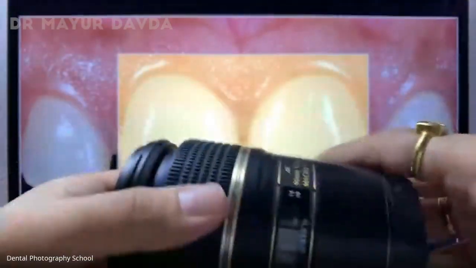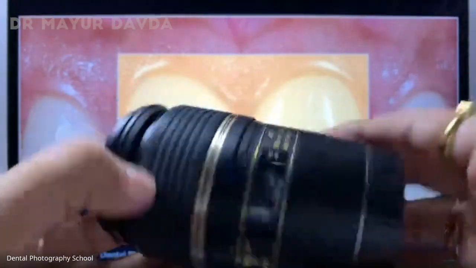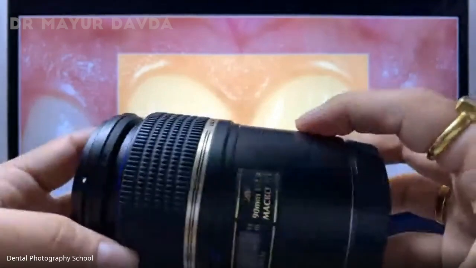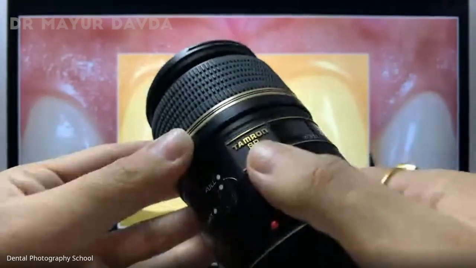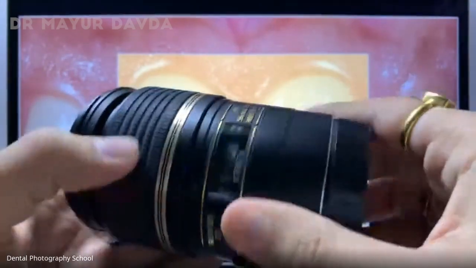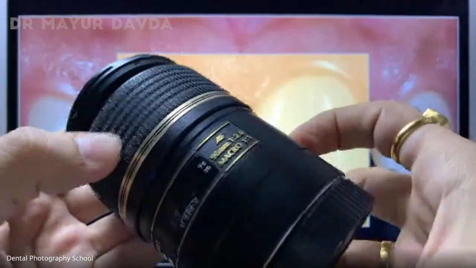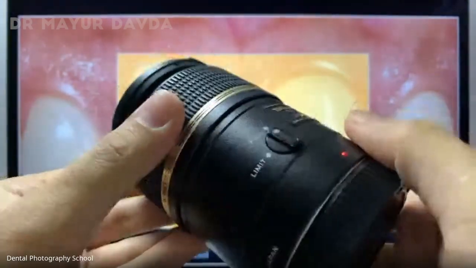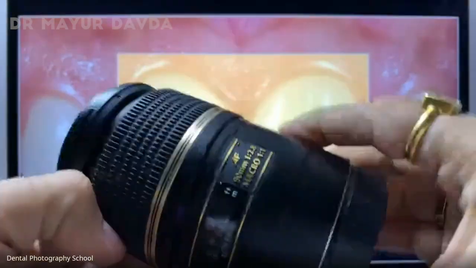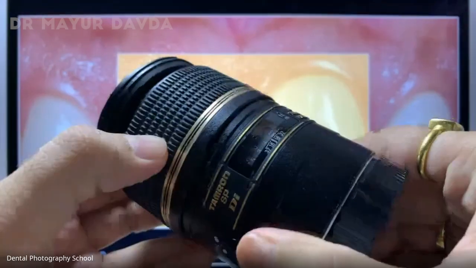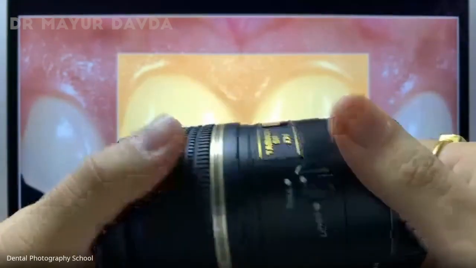So this is something that I probably want to warn you about. This is also a macro lens, but it's by a third party, called a Tamron macro lens. This is a 90 mm focal length lens. You can use it for dental photography, but I definitely do not suggest it at all. Why?